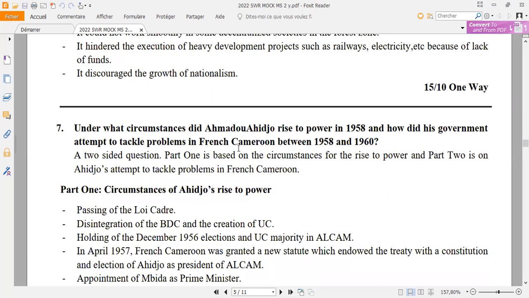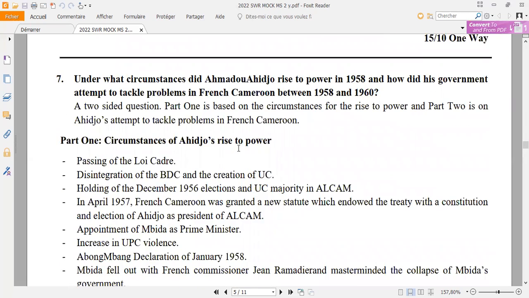Now, we'll move to question 7. Question 7: Under what circumstances did Ahmadu Ahidjo rise to power in 1958, and how did his government attempt to tackle problems in French Cameroon between 1958 and 1960? Good.